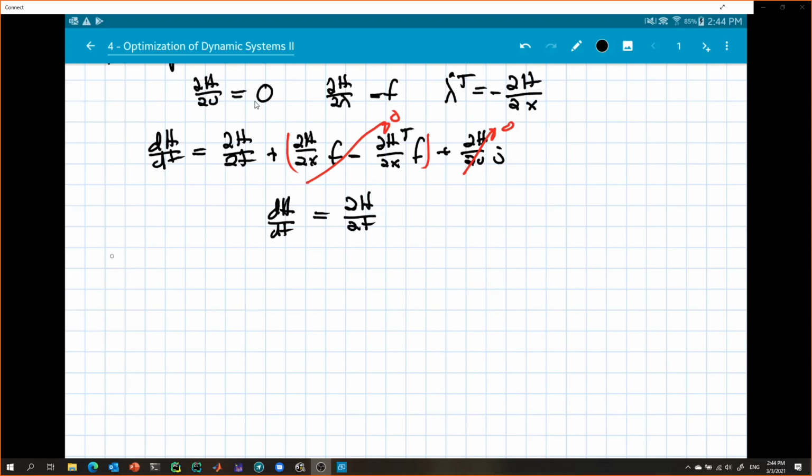Therefore, the Hamiltonian's constant if it's not an explicit function of time.